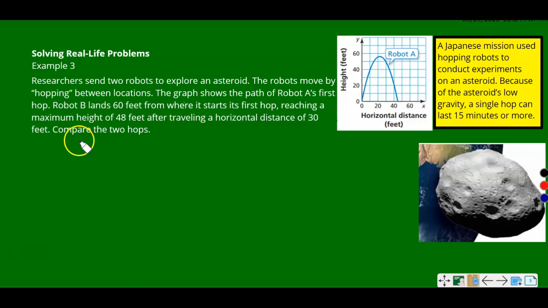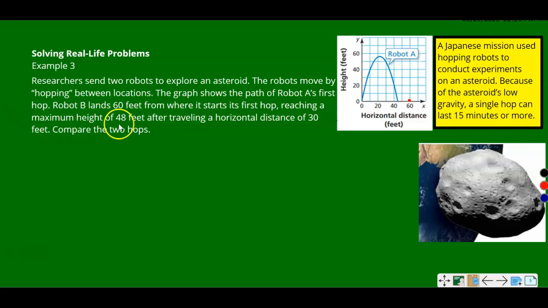So if we want to compare the 2 hops, we need to have 2 of the same format. So we have a graph and a verbal description, but let's take the verbal description and also graph it. So it says robot B lands 60 feet from where it starts its first hop. Okay, so we know it's going to land at 60 feet here.